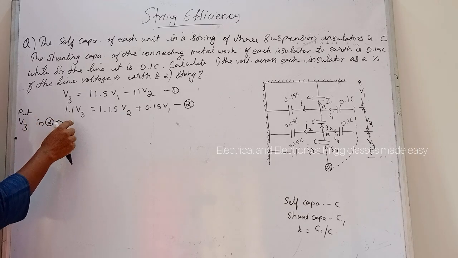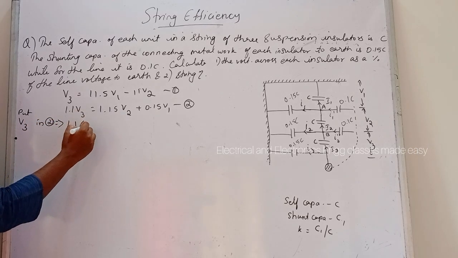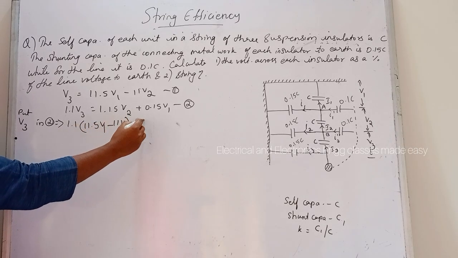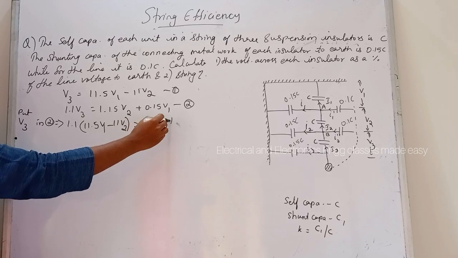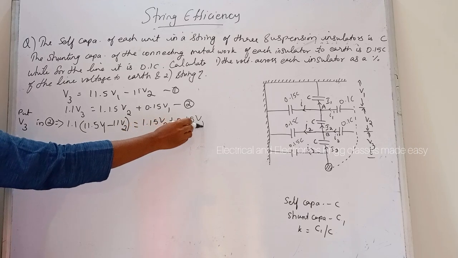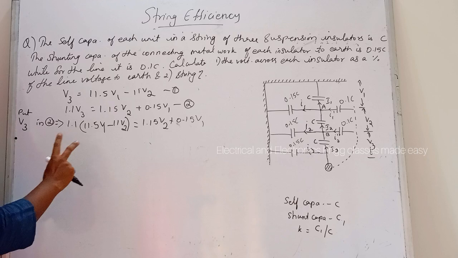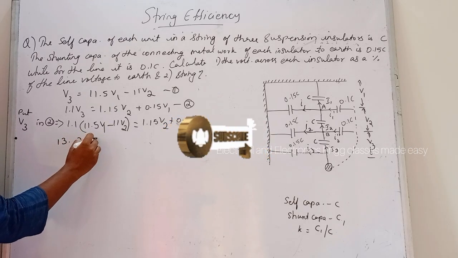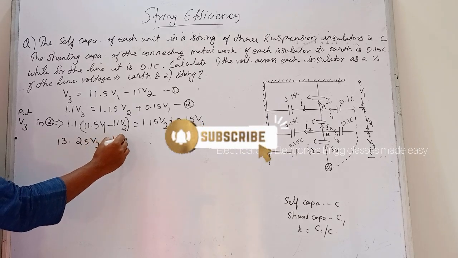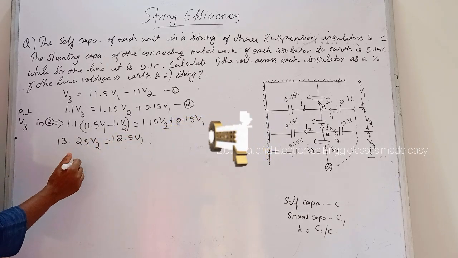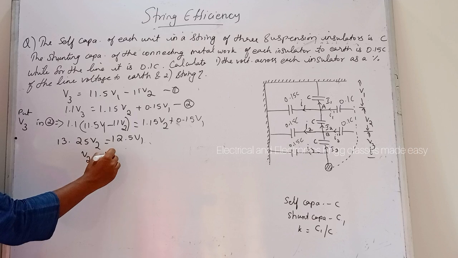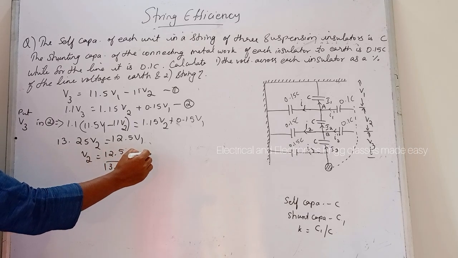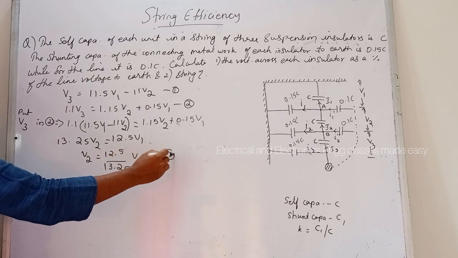So here we will get 1.1 into 11.5 V1 minus 11 V2 equal to 1.15 V2 plus 0.15 V1. Now we can rearrange this one. So we will get 13.25 V2 is equal to 12.5 V1. Then V2 is equal to 12.5 divided by 13.25 V1. So this is equation number 3.